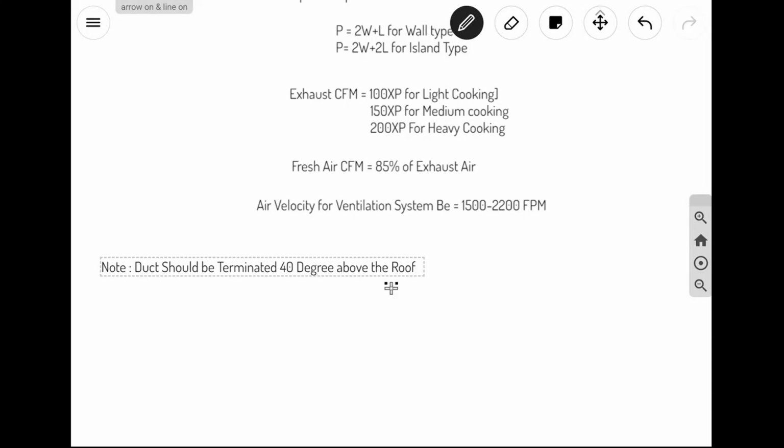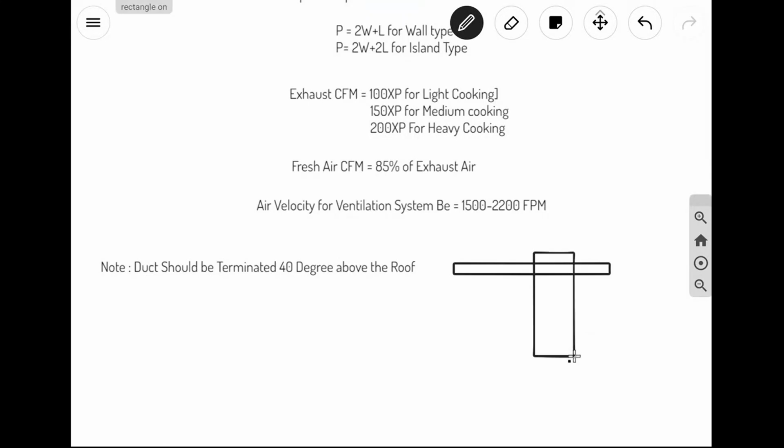That means if this is the roof and you run the exhaust duct straight, then what happens when there is rain? So we take 40 degrees and exhaust like this. This is the 40 degrees, and this is how you need to terminate.